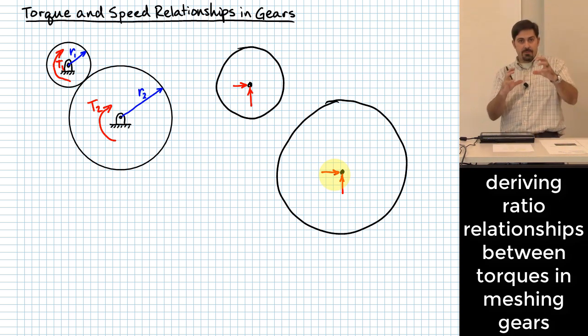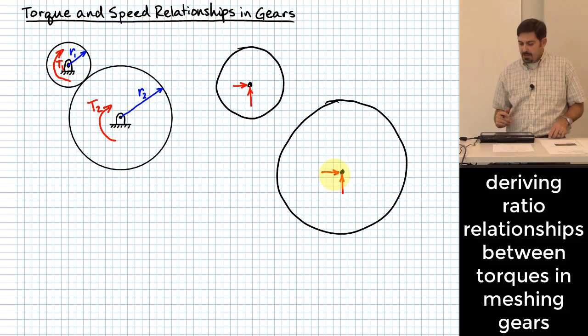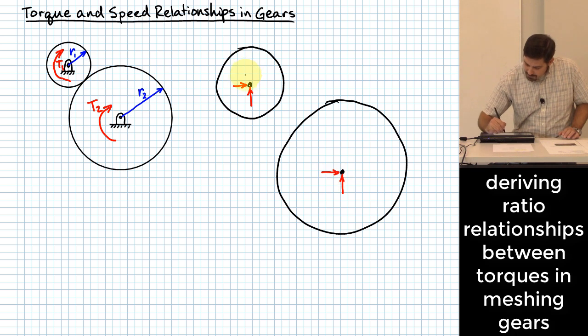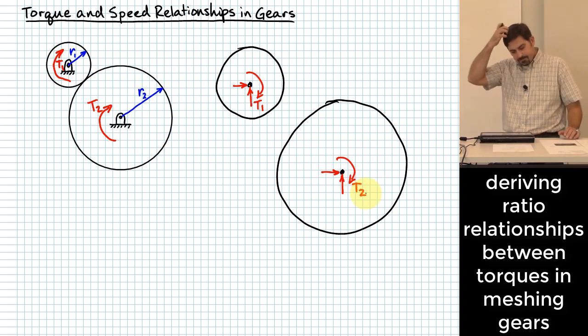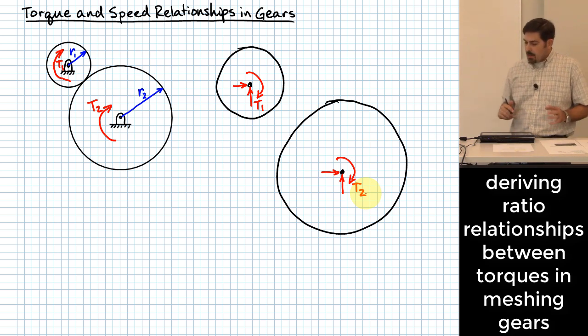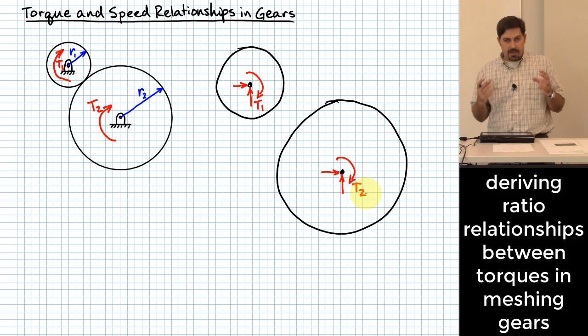That's what holds it spatially in the right place. Those aren't the focus of what I want to look at, but it's probably still important to draw them. And then we also have T1 acting on this one as a torque applied to that shaft going to the middle of that gear, and then T2 that I assumed was being applied to this one. All right. What is it that keeps the upper left gear from accelerating?